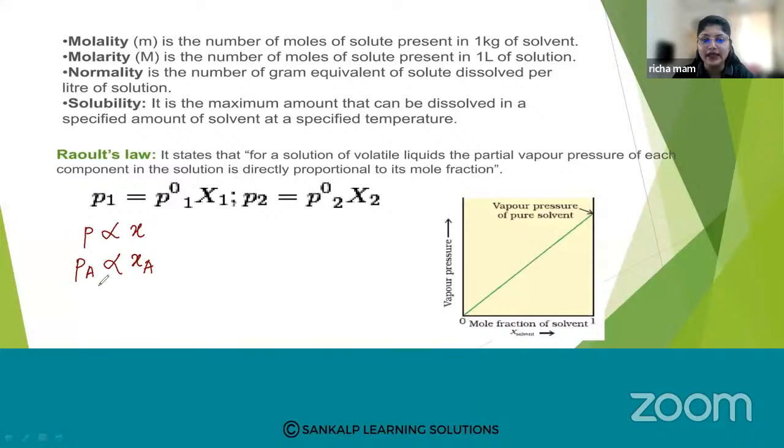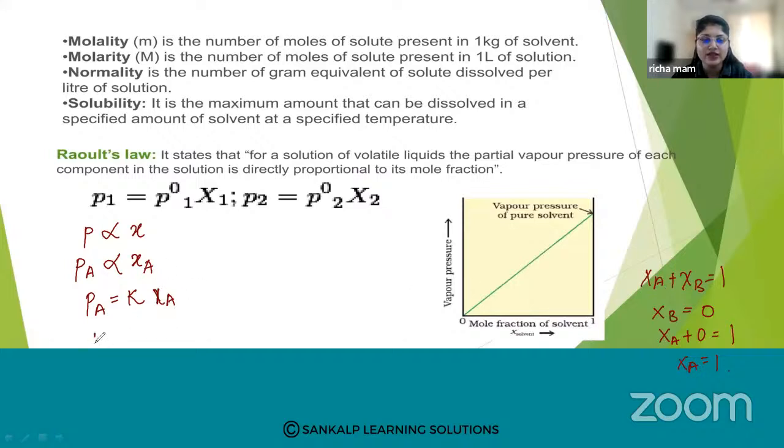The partial pressure of component A, PA, is directly proportional to the mole fraction of A. Now, when we remove the proportionality sign, we introduce a constant K, so PA equals K chi A. Now we know chi A plus chi B equals 1, so in the pure state chi B will be equal to 0. So chi A plus 0 equals 1, so chi A is equal to 1.